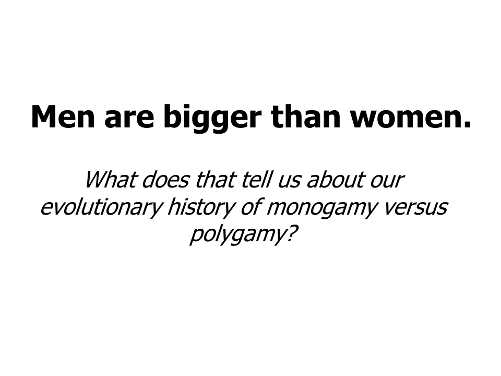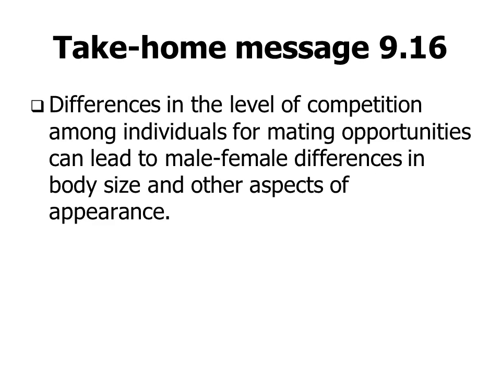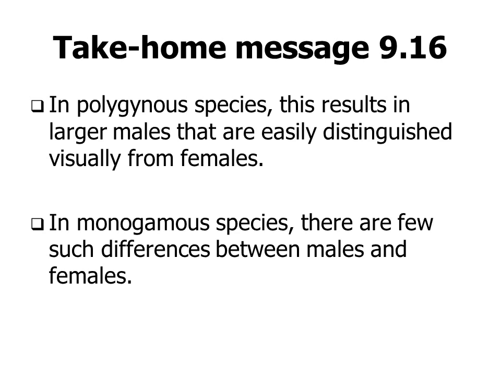If males are bigger than females in a species, that's going to tell us that they favor polygamy and female choosiness. So differences in the level of competition among individuals for mating opportunities can lead to female-male differences in body size, those dimorphisms. But in monogamous species, we don't really see that as much.